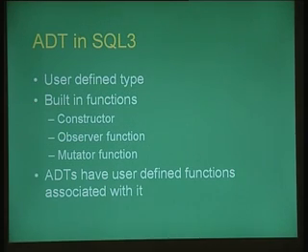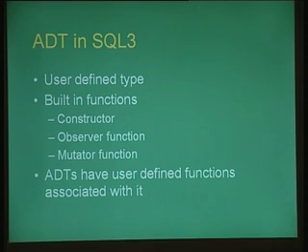And in addition to row types, you can also define the notion of an ADT, or an abstract data type, in SQL3. So an ADT essentially is a user defined type for a particular variable or for a particular attribute.